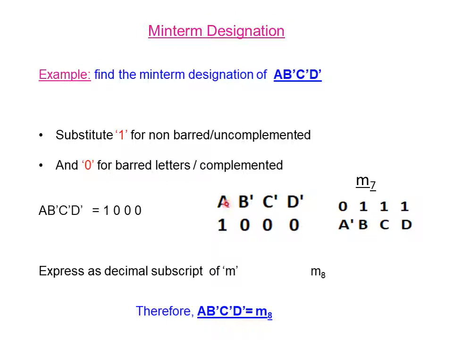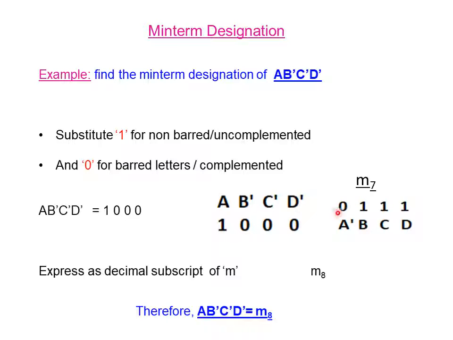So A is an uncomplemented term, so I have written 1, and B dash, C dash and D dash are in complemented form, so I have written equivalent 0, 0, 0. Now this is 1, 0, 0, 0 in binary form. The equivalent decimal is 8. So this is min term 8.